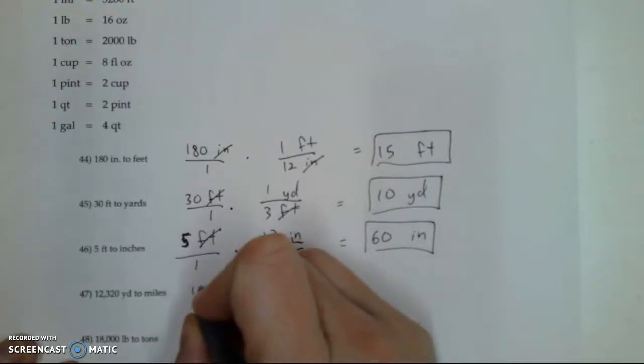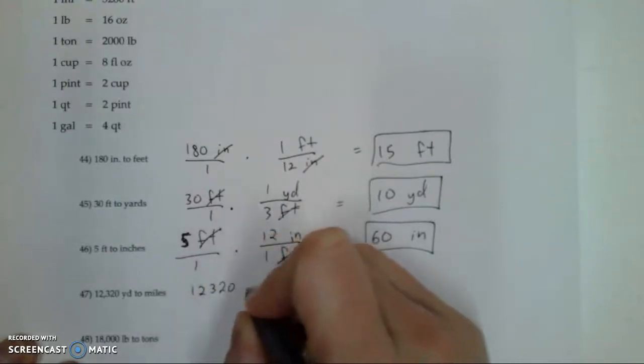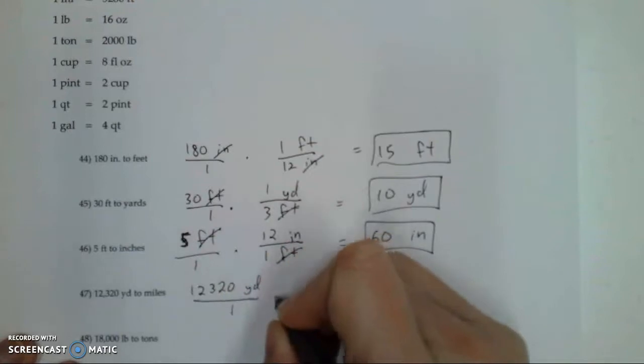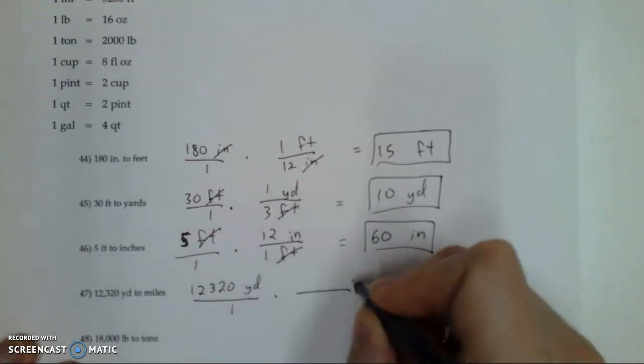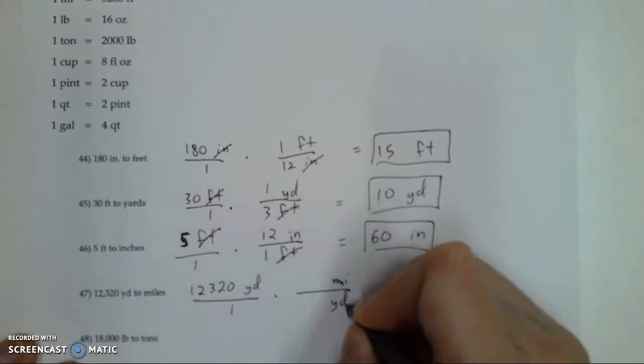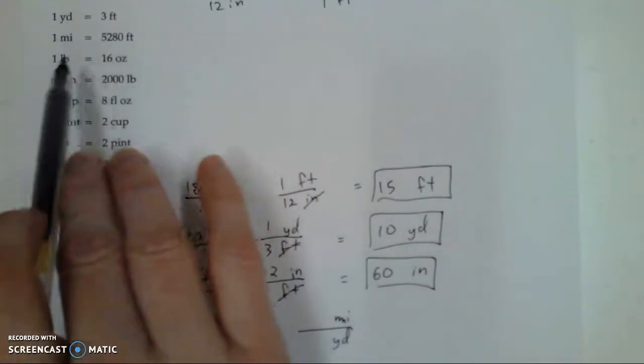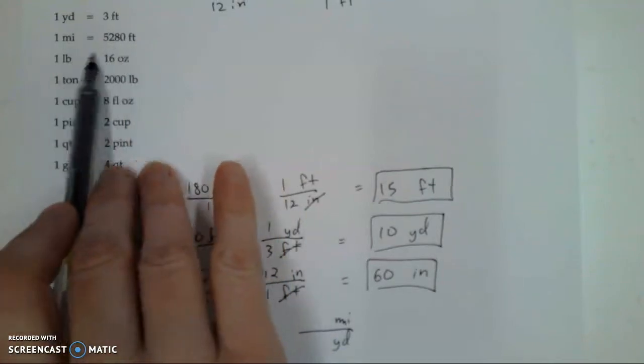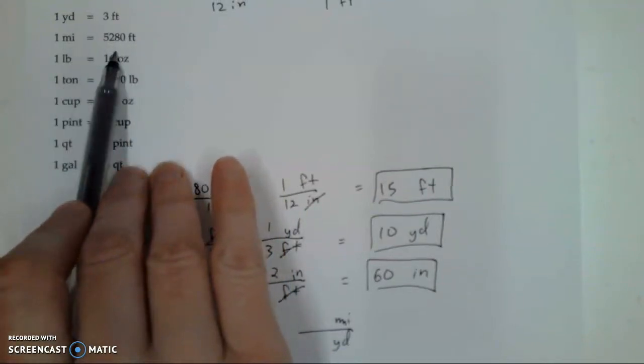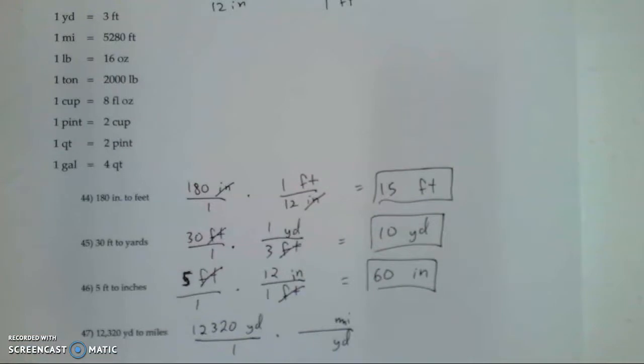So let's continue. I've got 12,320 yards, and I'd like to get miles. So for my next one, I want miles on the top and yards on the bottom. Now I know how many miles are in a foot, so here I'm going to have to work a little bit harder, because I also know how many feet are in a yard.